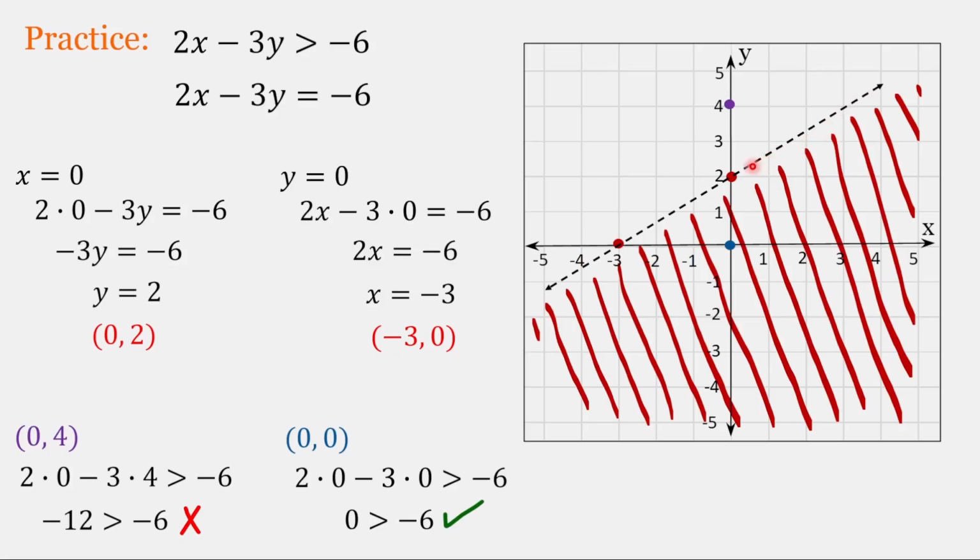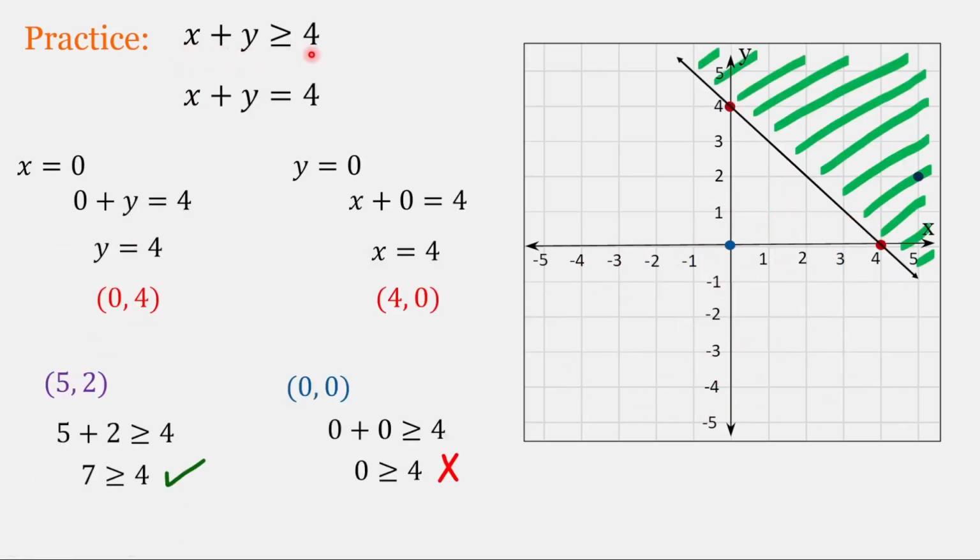In this case, the boundary line is a dashed line because we have greater than as opposed to greater than or equal to. The points on the line itself do not represent a solution. And then testing 2 points, we're able to determine that the region with the origin represents the solutions, and so we shade that region in.